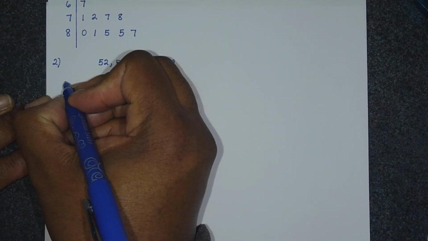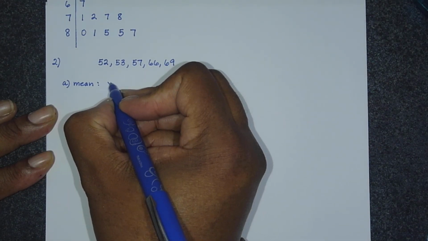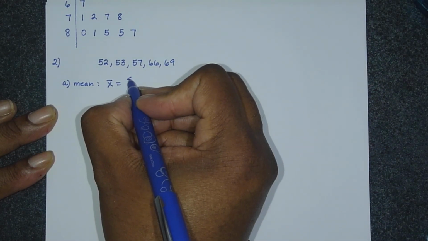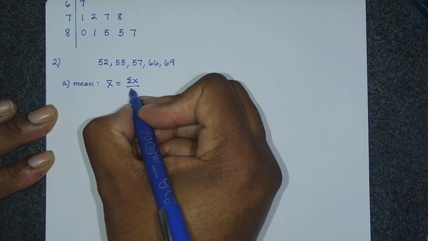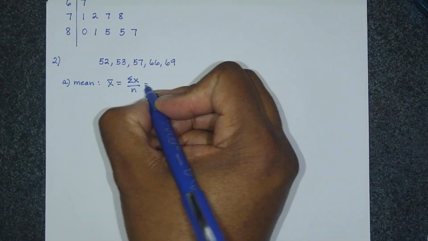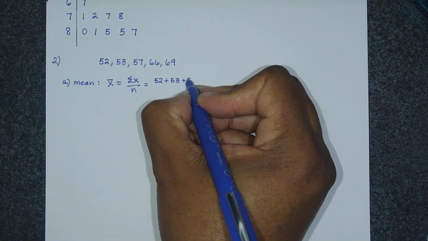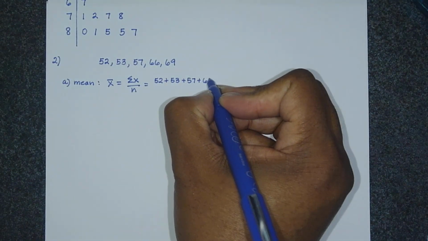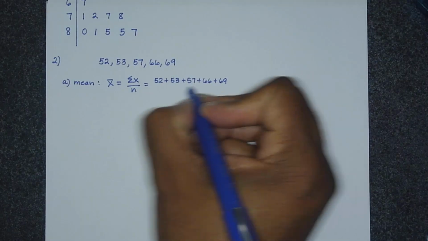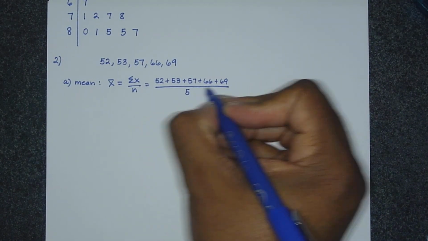And then in part A, we need to calculate the mean. And of course, the mean, which is x bar, is the sum of all your x's divided by the number of data values that you have. So that means I'm going to take 52, 53, 57, 66, 69, divide that by n. How many data values do I have? 5.